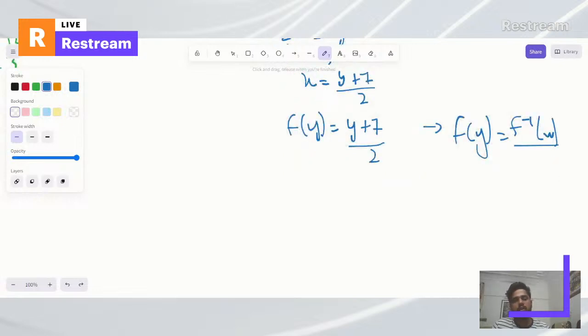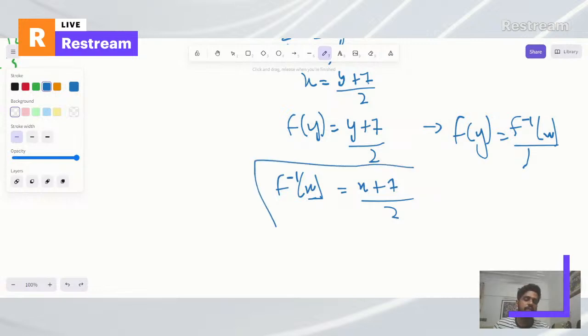So we substitute the inverse function of x instead of y. If we write the inverse function of x, our equation should contain x, but here it contains y, so we replace y with x. It's going to be x plus 7 divided by 2. So that is our final answer for how to find an inverse.